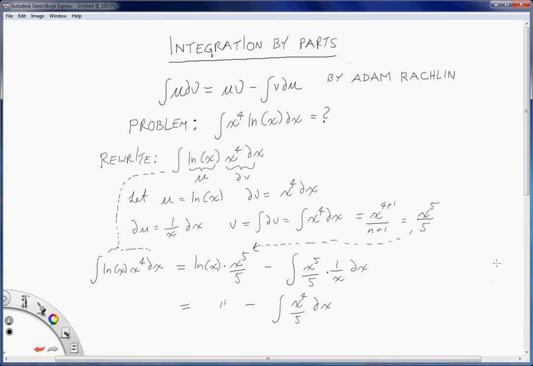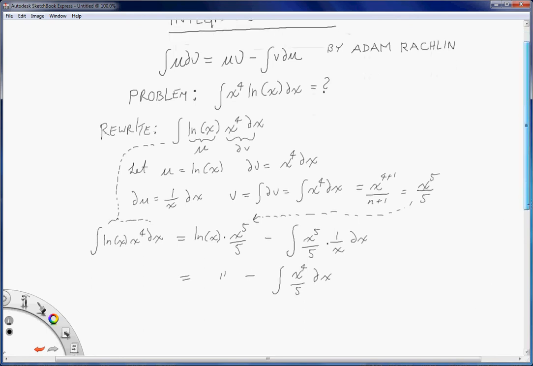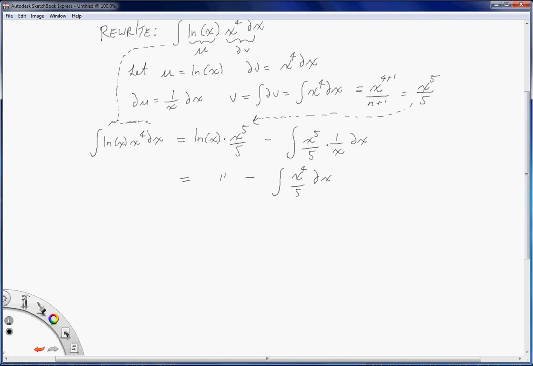I'm just going to scroll the screen a little bit so I have more canvas to work on. This then becomes minus, I'm going to take out a 1/5 here, because x to the fourth divided by 5 is the same as 1/5 times x to the fourth, and I can pull out constants of either an integration or a differential.